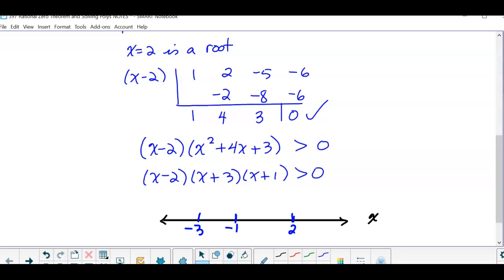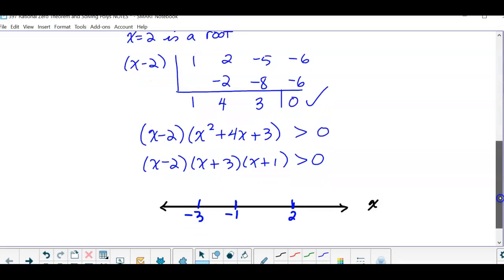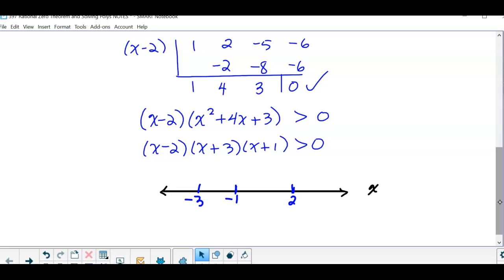Okay, so just plot those on there. Then choose some test values. So a value for x that's bigger than 2, let's say 3. Okay, so I don't go back into the beginning. That's a lot of mathematical work. Really easy if you put it back into the factors.